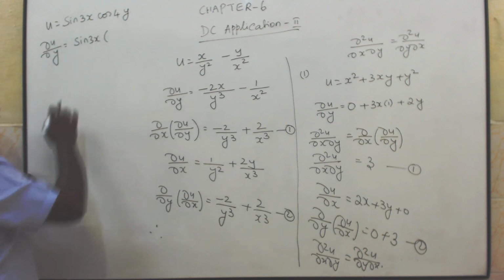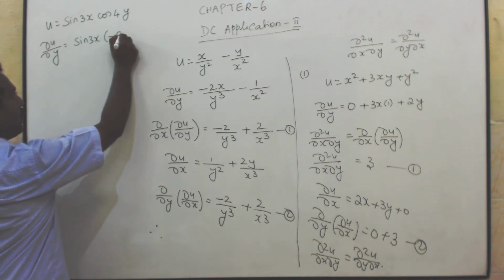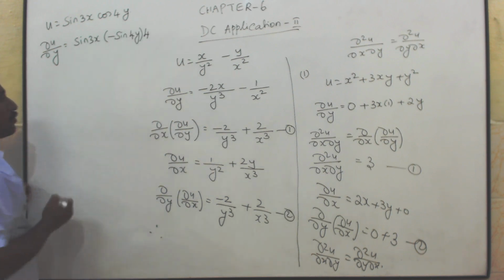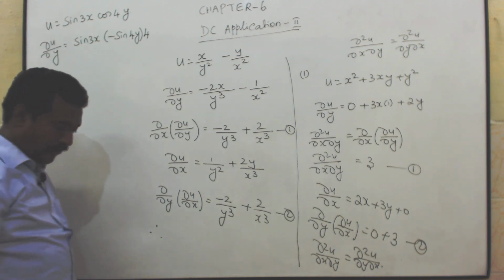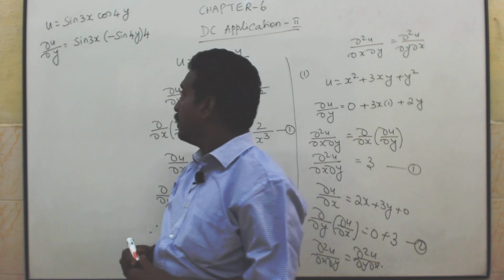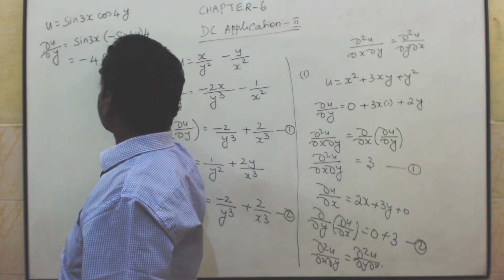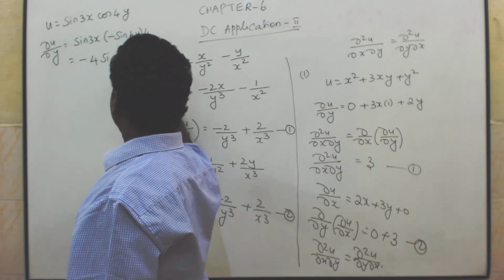Differentiation of cos 4y is minus sin 4y. Differentiation of 4y is 4. With respect to y, don't touch x. Only you have to differentiate y. Now, rewrite: minus 4 sin 3x sin 4y.